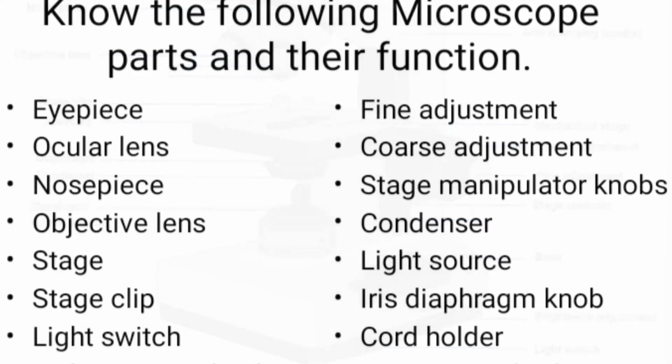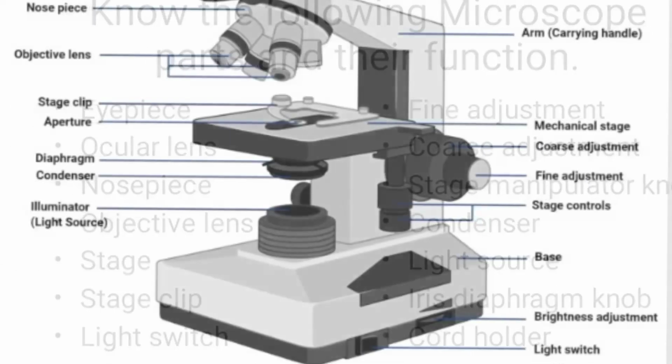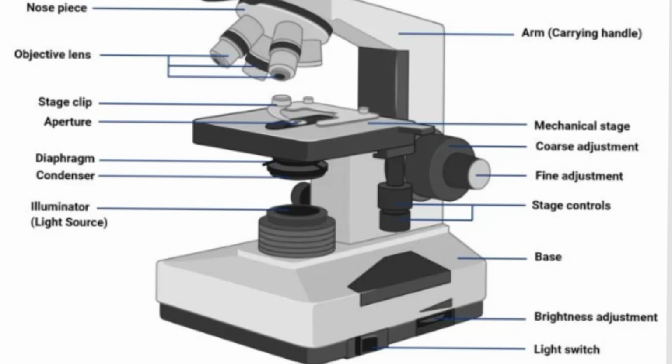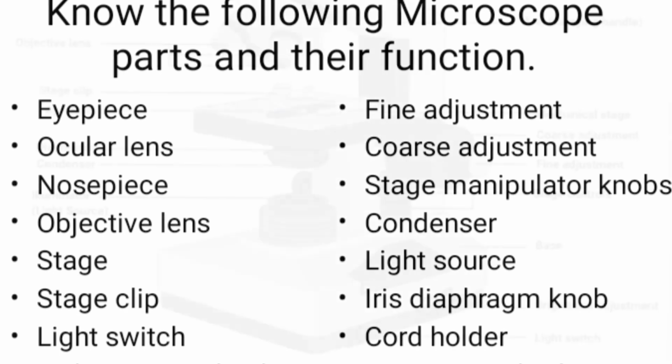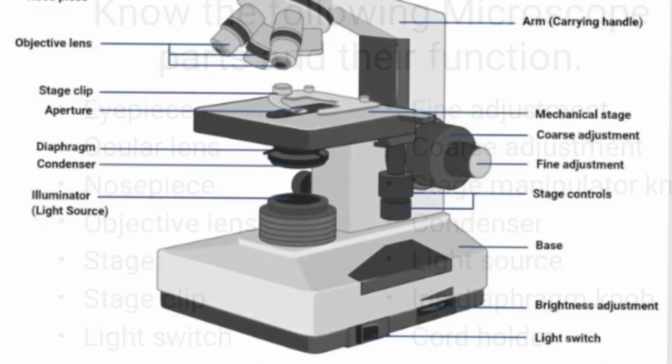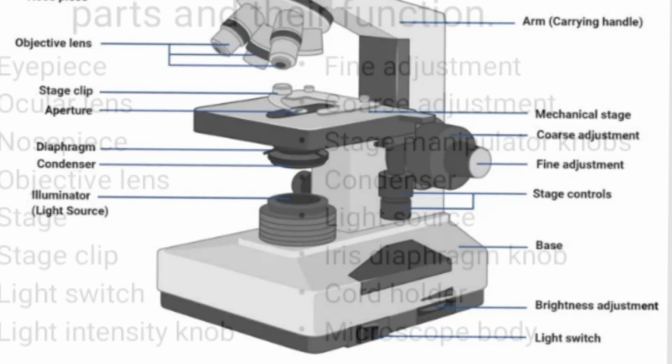Light switch. The location of the light switch varies depending on the microscope model. But the function of the light switch is to control the power supply to the microscope's light source. It allows the user to turn it on or off as needed. Light intensity knob.